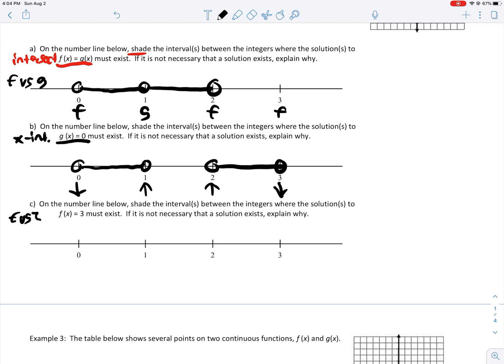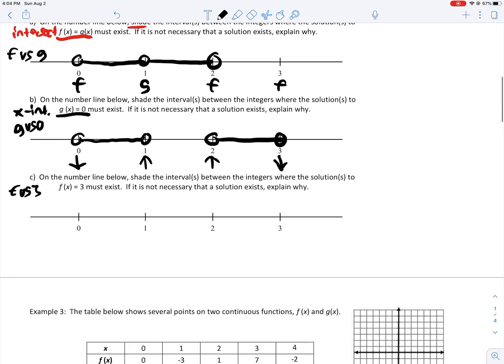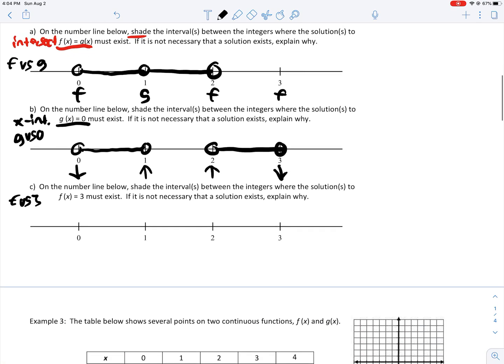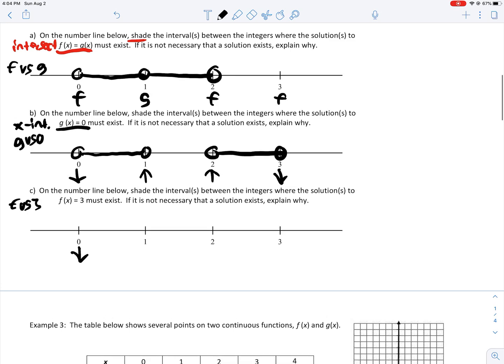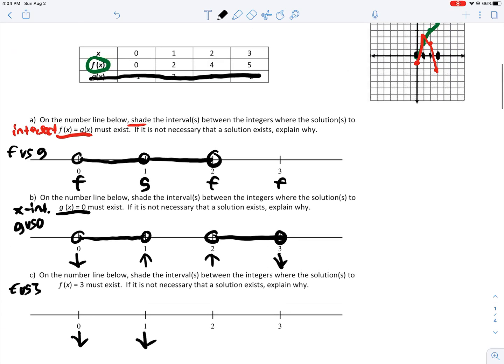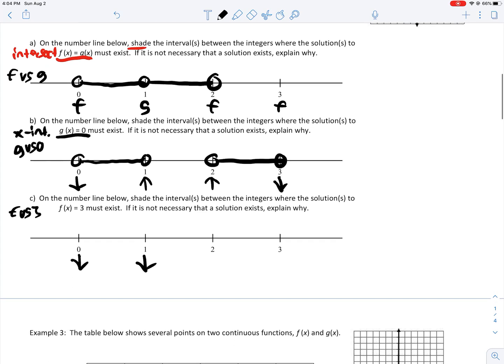So f of x, same idea. I'm going to compare f versus 3. Here I compared G versus 0. Same concept. Now I'm going to ignore G, and just look at f. When x is 0, it's 0. That's below 3. When x is 1, it's at 2.